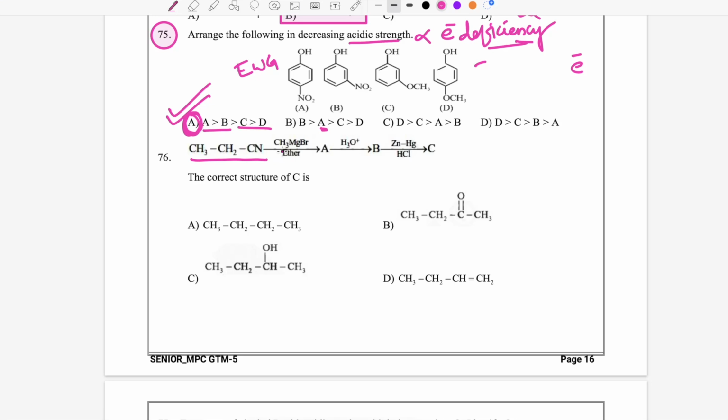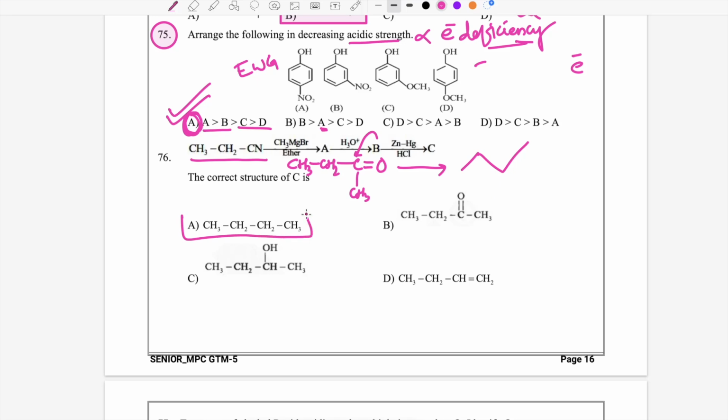Yeah, we'll move to the 76th question. Ethyl cyanide is treated with CH3MgBr. What do we get here? We get an intermediary product whose structure is going to be CH3CH2C, with a new CH3 attached and a double bond to NMgBr attached. So from this I directly write the ketone. So B is formed here, and when it is treated with zinc amalgam and HCl, Clemmensen reduction will give us normal butane.